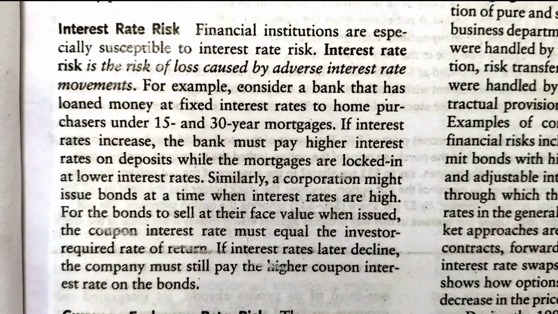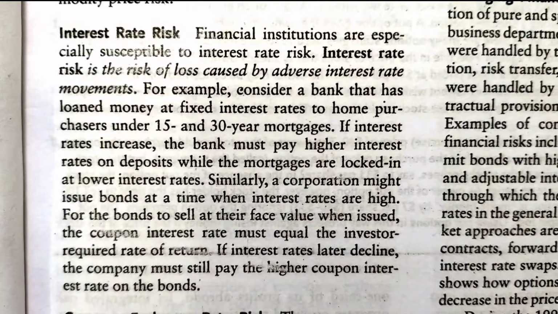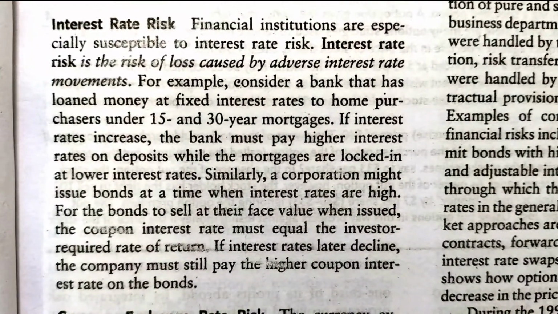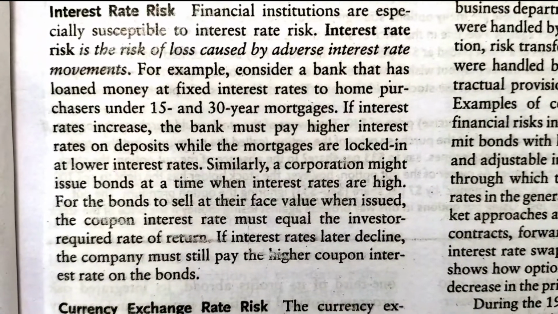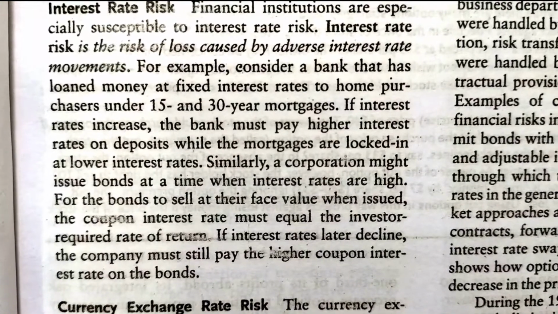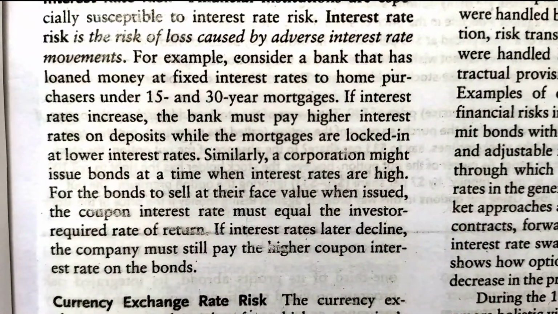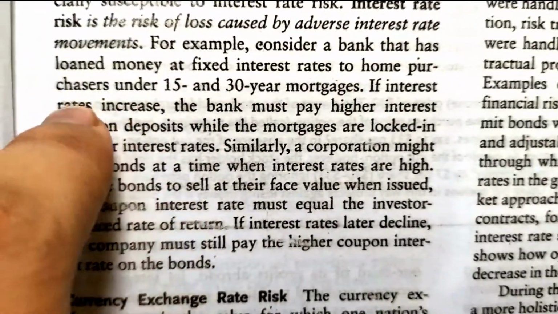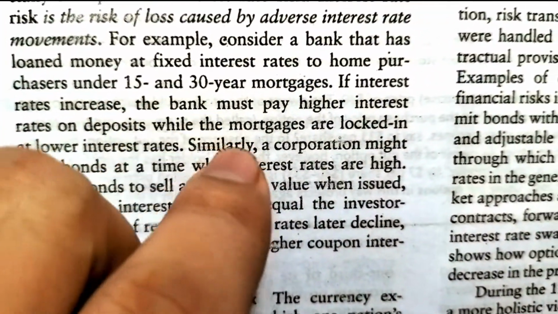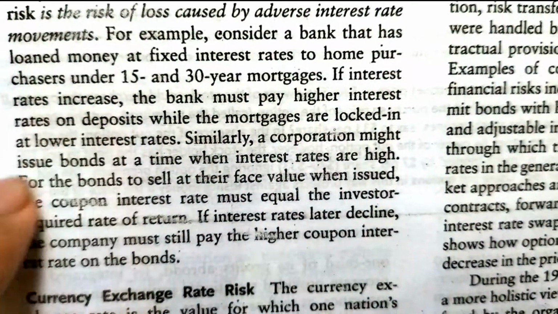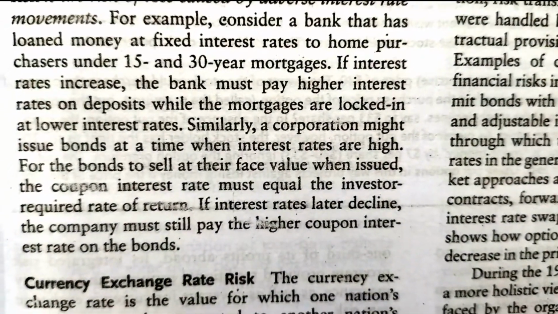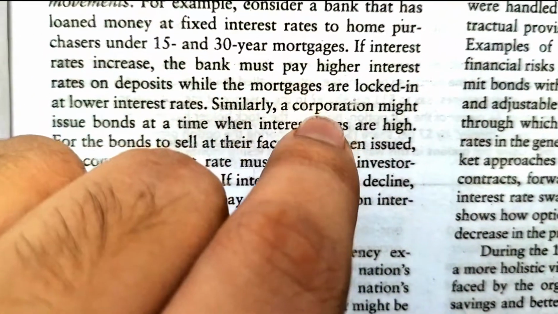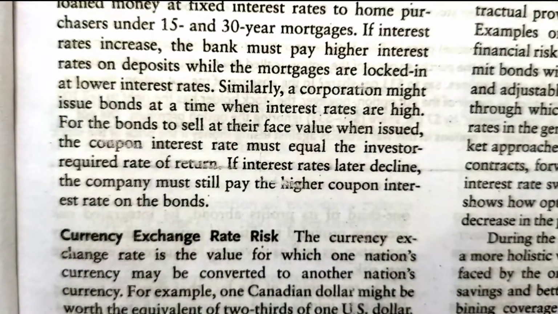The next one is interest rate risks. Financial institutions are especially susceptible to interest rate risks. Interest rate risk is the risk of loss caused by adverse interest rate movement. For example, consider a bank that has loaned money at a fixed interest rate, such as 15 to 30 year home mortgages. If interest rates increase, the bank must pay higher interest rates on deposits while the mortgages are locked in at the lower interest rate.